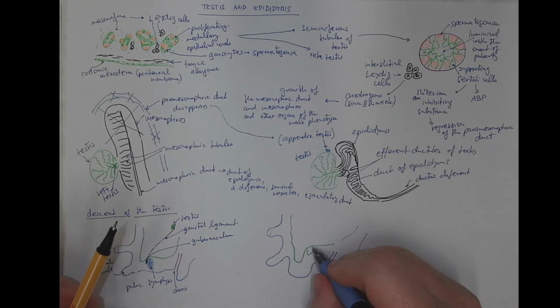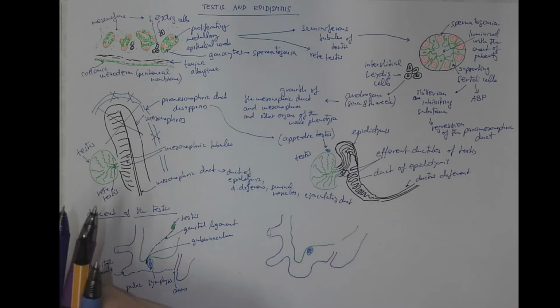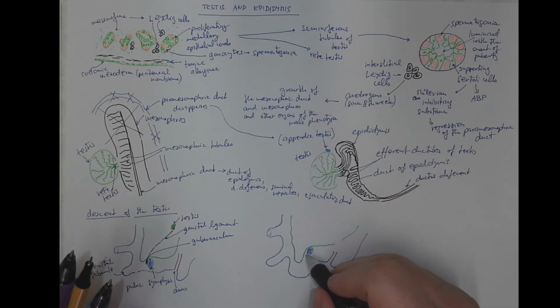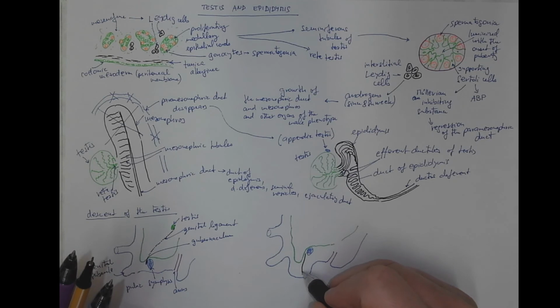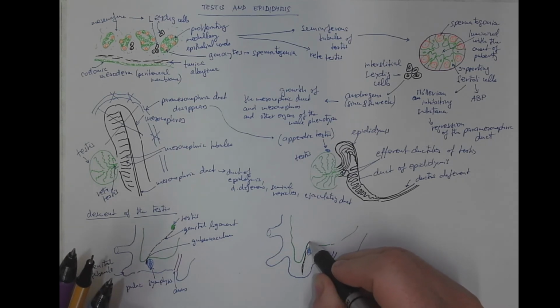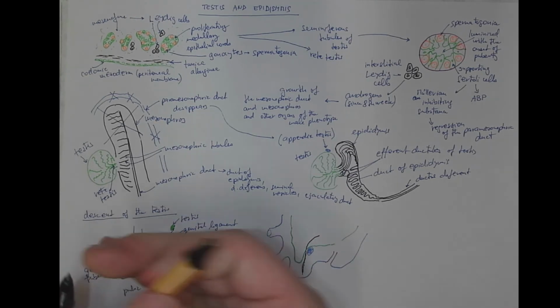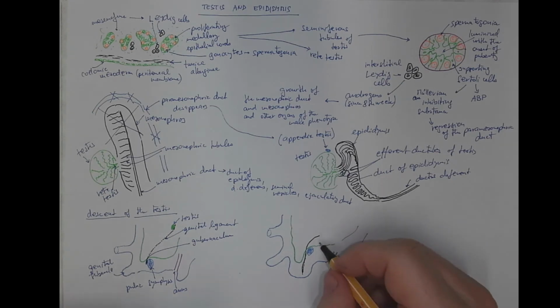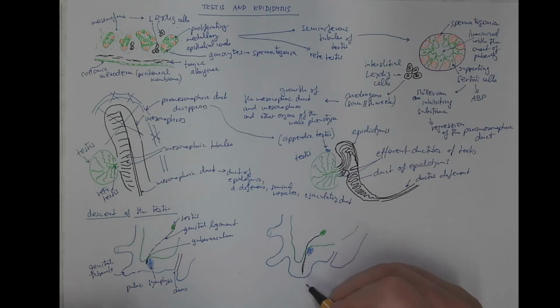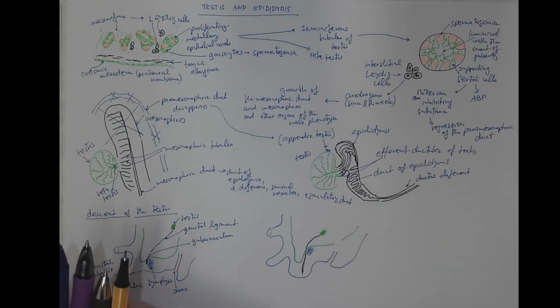Here will be the pubic symphysis. And the gubernaculum extends to the scrotal swellings. So the testis is somewhere half its way to the scrotum. It will then go through the inguinal canal.